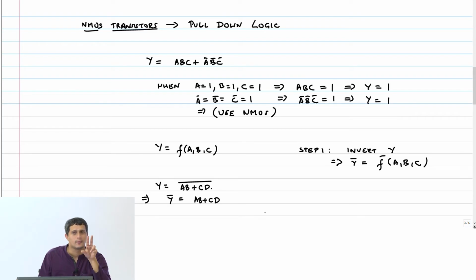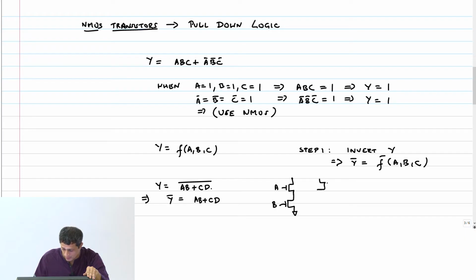Now I have A into B that has to be implemented using NMOS transistors, so I put two NMOS transistors in series, A and B. Now I have C into D which has to be implemented, C and D. And these two now should be in parallel.